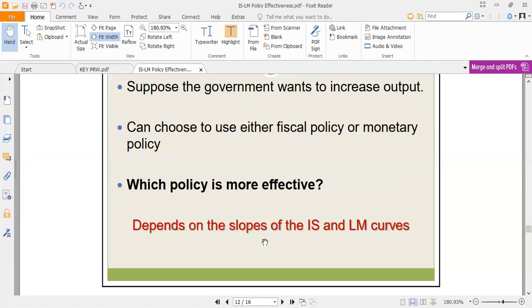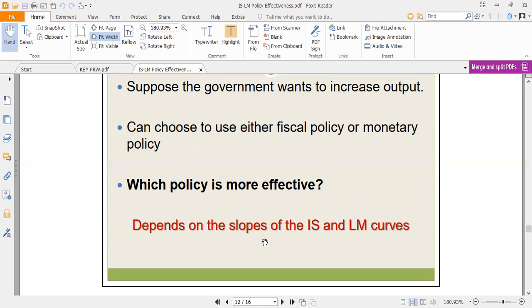That means that whenever government increases its spending, a small increase in interest rates will cause a very large fall in investment, which means that the fall in Y will be very large. That talks about a larger crowding out, which we don't want. We want output to increase. So investment is not supposed to be too sensitive to interest rates. Whenever the IS curve is steep, it's better to go for fiscal policy.